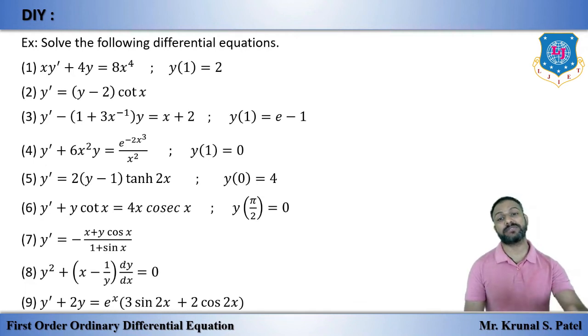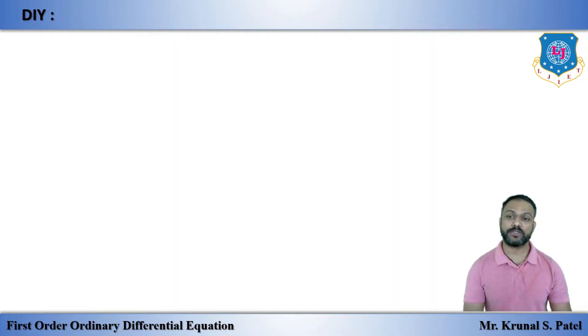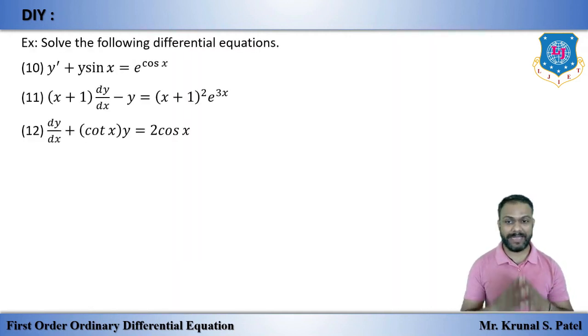In non-exact we have 6 methods separately. So again I am telling, try to solve each and every example, and you will understand quickly in which form the given differential equation is: variable separable or reducible to variable separable, or homogeneous or non-homogeneous, or exact or non-exact. In non-exact, which method can be applicable, or whether it is linear or polynomial. That is our next lecture.